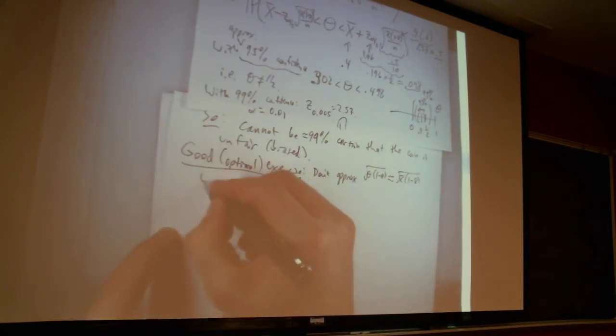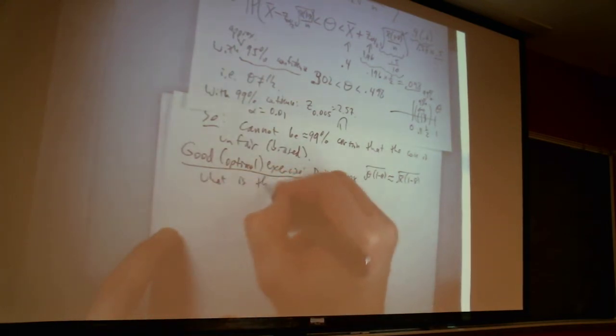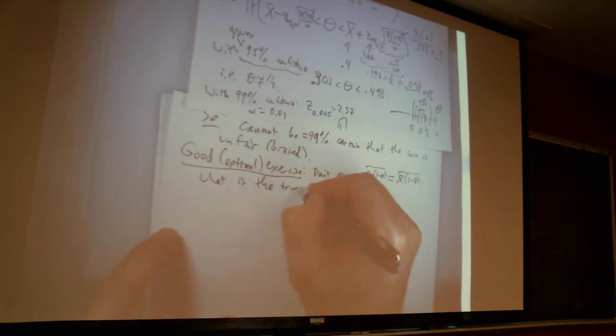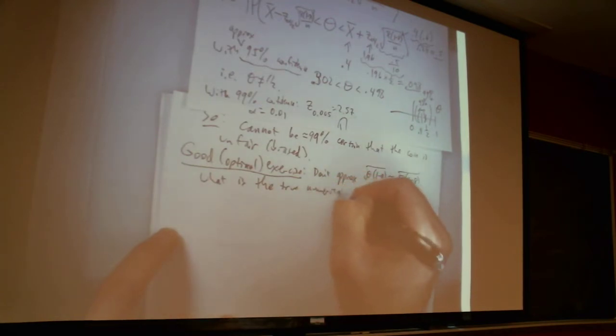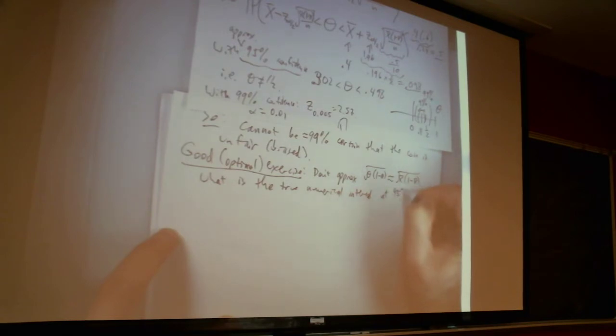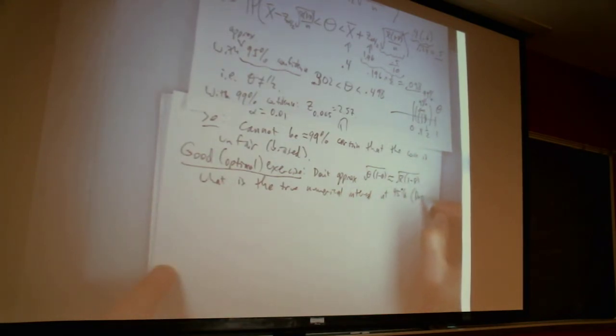And if you do that, what is the true numerical interval at 95%? Does it contain a half?